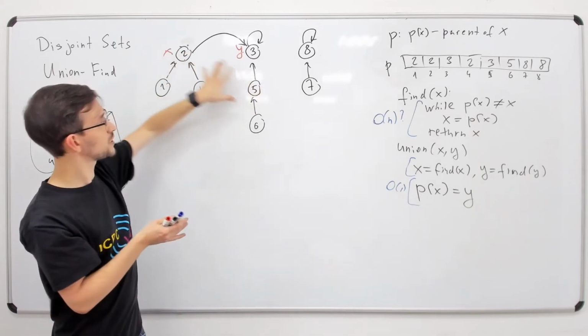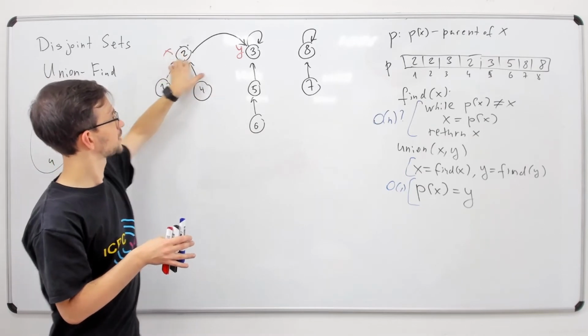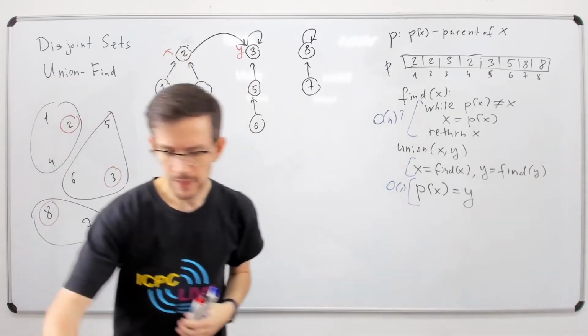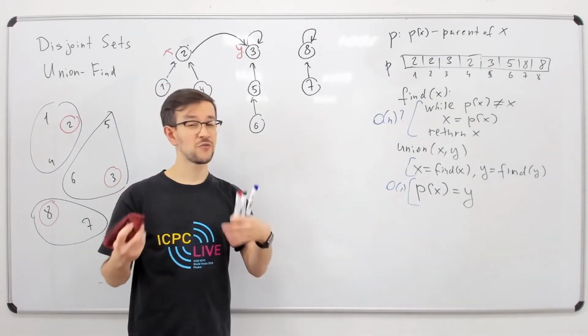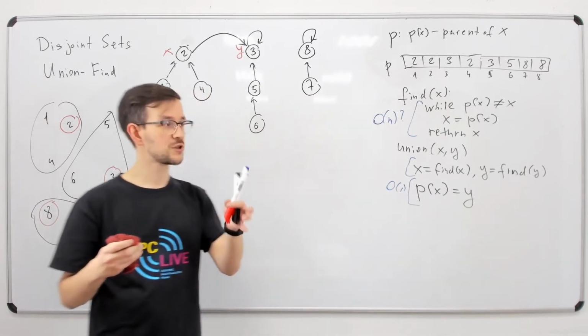If you have two trees of different size, you need to pick the small tree and connect it to the big tree. I will use the rank heuristic, but there are several different heuristics which work as well.